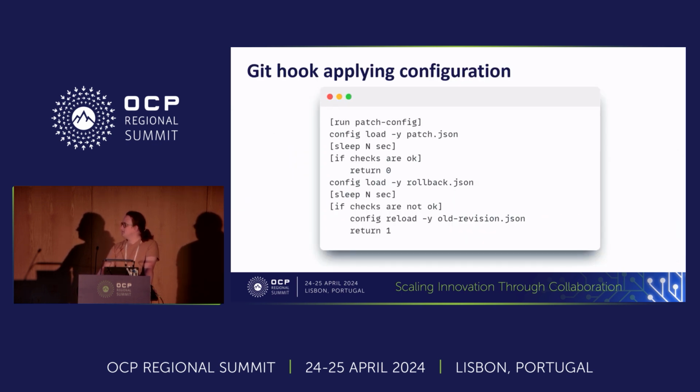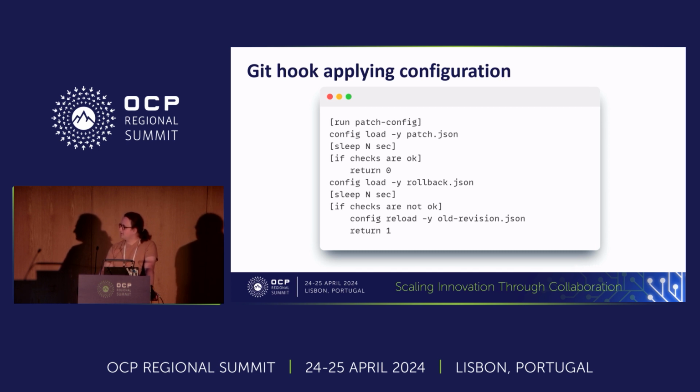We have very simple logic: when you push something to the switch, the patch config runs, and you get two patches. First, you apply the patch with changes. You sleep, for example, 60 seconds to see if everything is okay. We check if the number of BGP neighbors dropped, and if the status of Sonic is healthy.